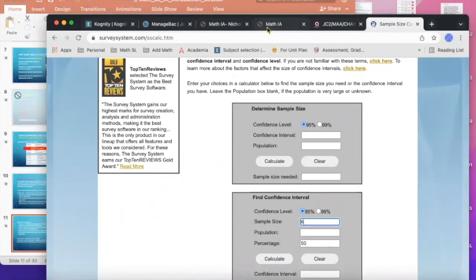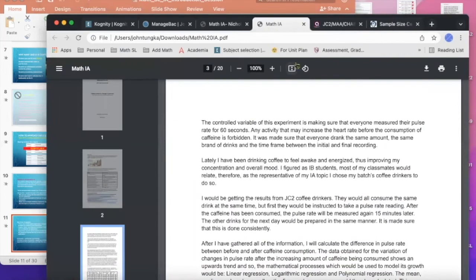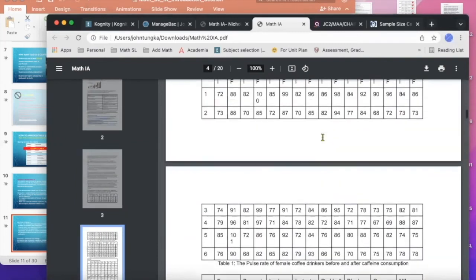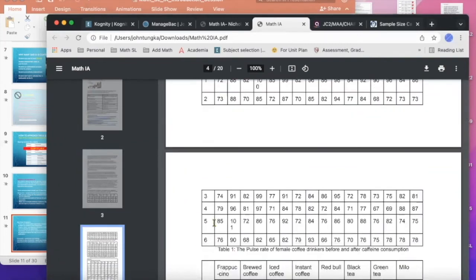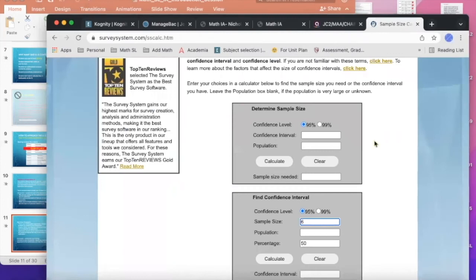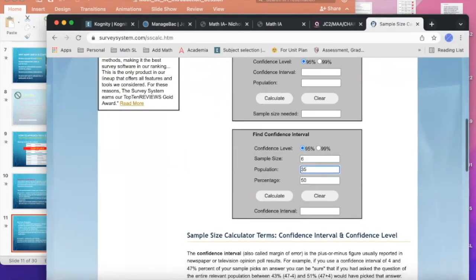Let's go back. Sir, there are 35 students. 35 students, okay. And your number of data is 6, is that right? This one, right? 6, is that correct? Yes. Okay. So population 35, you say. Percentage 50%. Confidence interval.